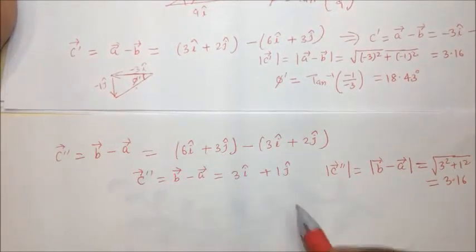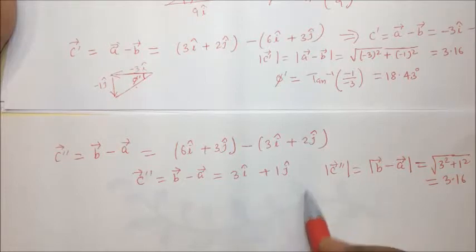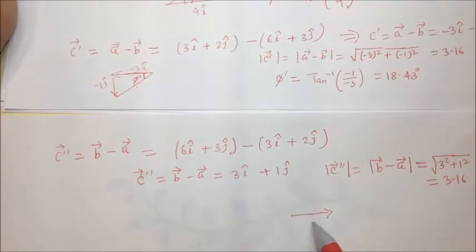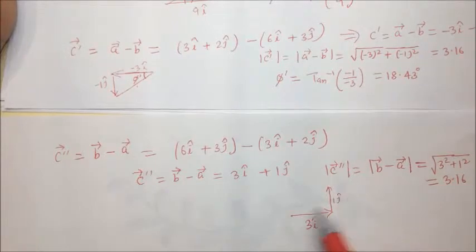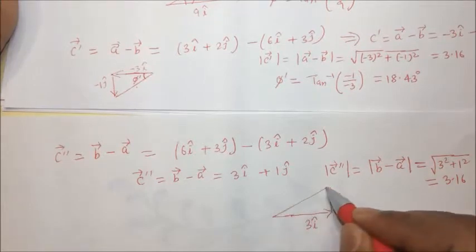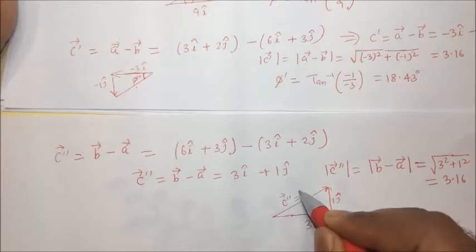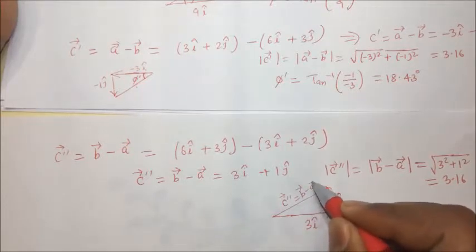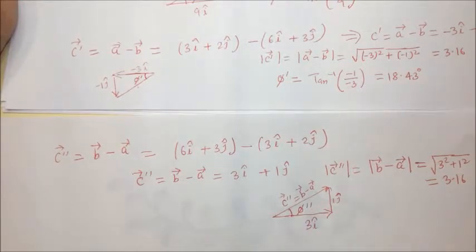And this vector B minus A is 3i along the plus x-axis, 1j along the y-axis, and this is your C double prime, vector B minus vector A. Suppose this angle is phi double prime.